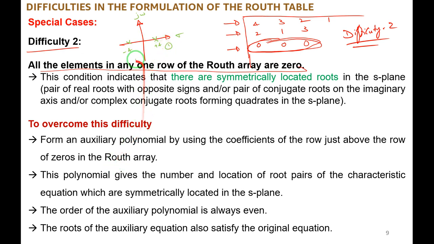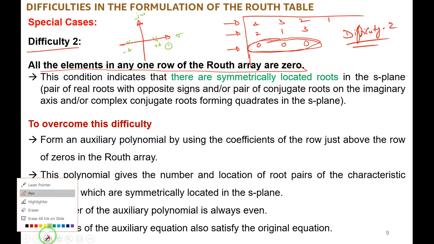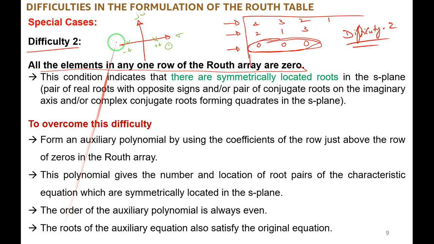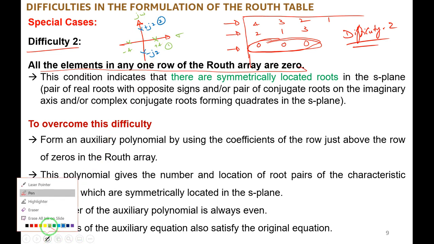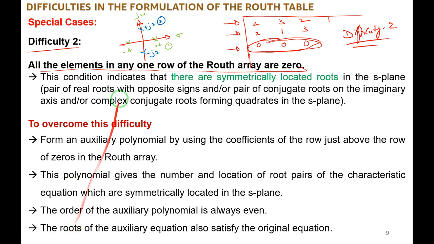Or the roots may be located like this. Let me change the ink color once again. Plus j2, minus j2. This is a pair of symmetrically located roots, right? Third, let me change ink color once again. Let me take purple.